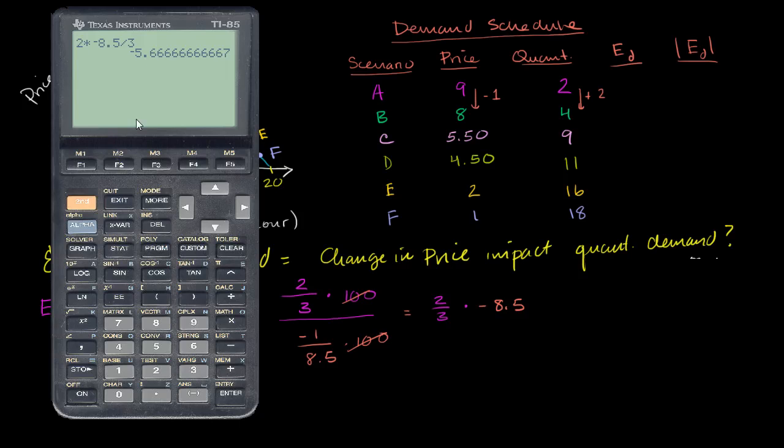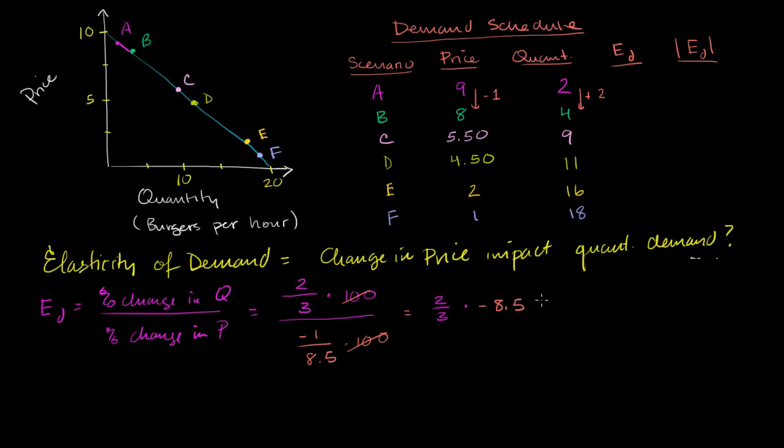It's really negative 5 2/3. So I'll round it. It's negative 5.67. So this is approximately equal to negative 5.67. And this absolute value is obviously just 5.67.